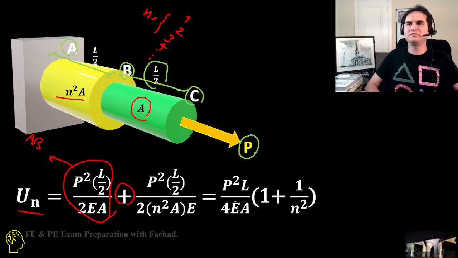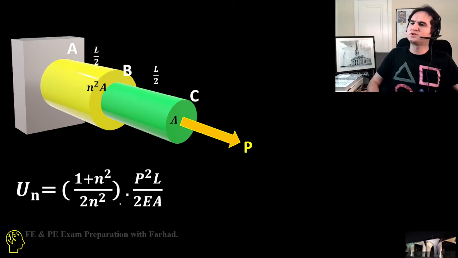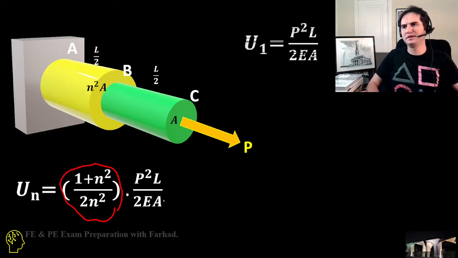If you simplify that, it gives you P squared times L over 4EA times 1 plus 1 over n squared. If you simplify it more, it gives you a coefficient times P squared L over 2EA.